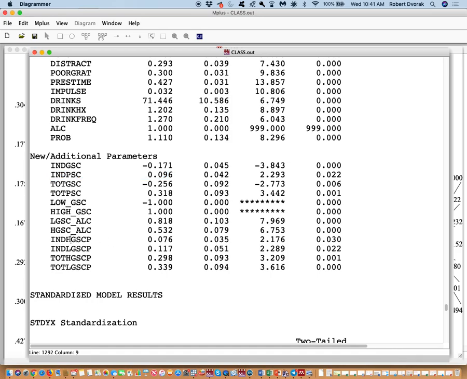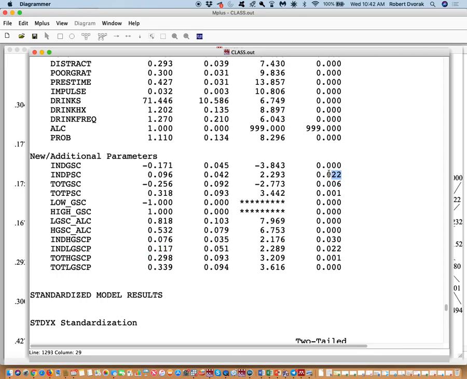For high good self-control it is 0.076. That is less, right? When good self-control is low, that effect should be larger. We have 0.117. It is larger than 0.096. So we can say that this is a stronger indirect effect.